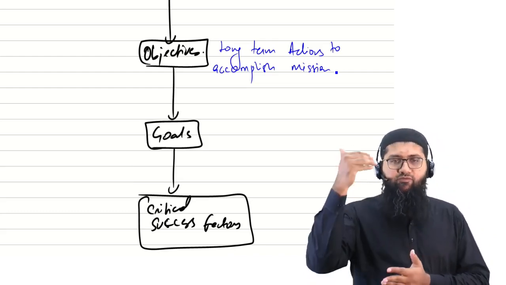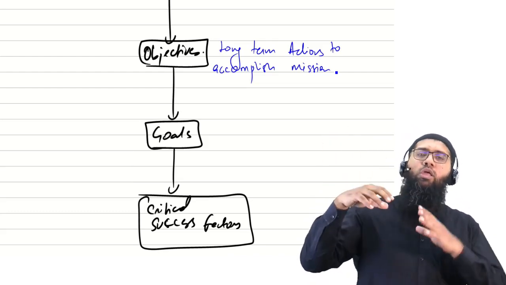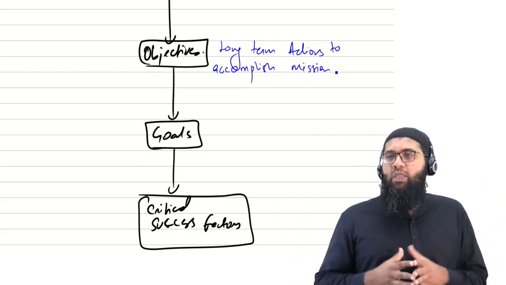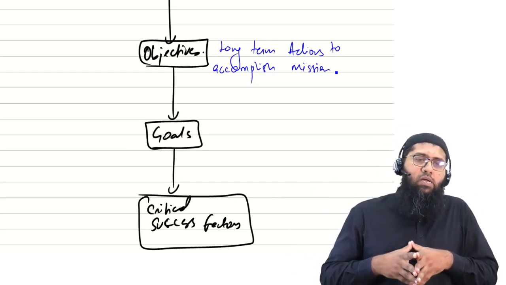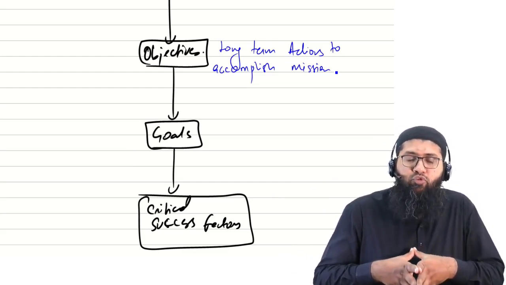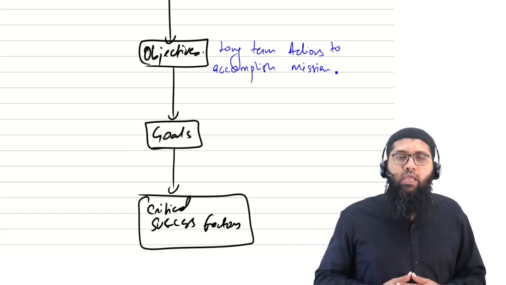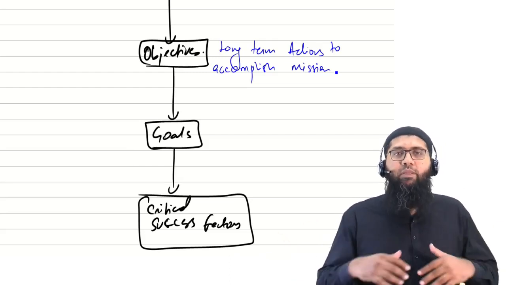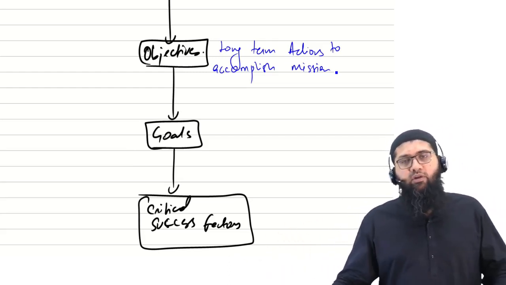So what do we have? We have got the vision, which is the ultimate goal. Like maybe you want to be the best IT company, or you want to be the best social marketing company, or you want to be the best social platform. That could be your vision.